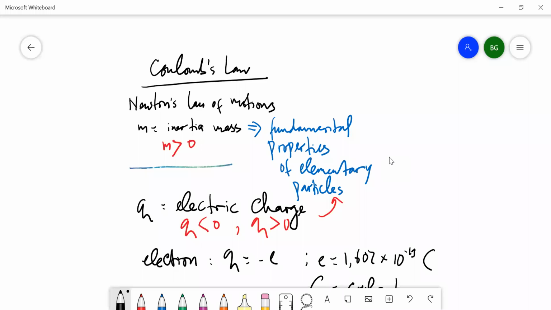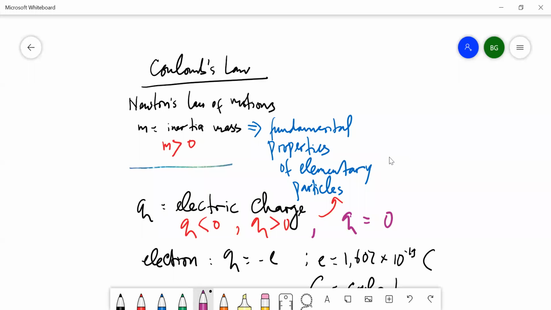Okay, let's see. This Q also, we could have Q equal to 0, but this is called neutral in the context of Coulomb's law. Okay, I mean this neutral particle doesn't obey Coulomb's law in this case. Only Newton's law.